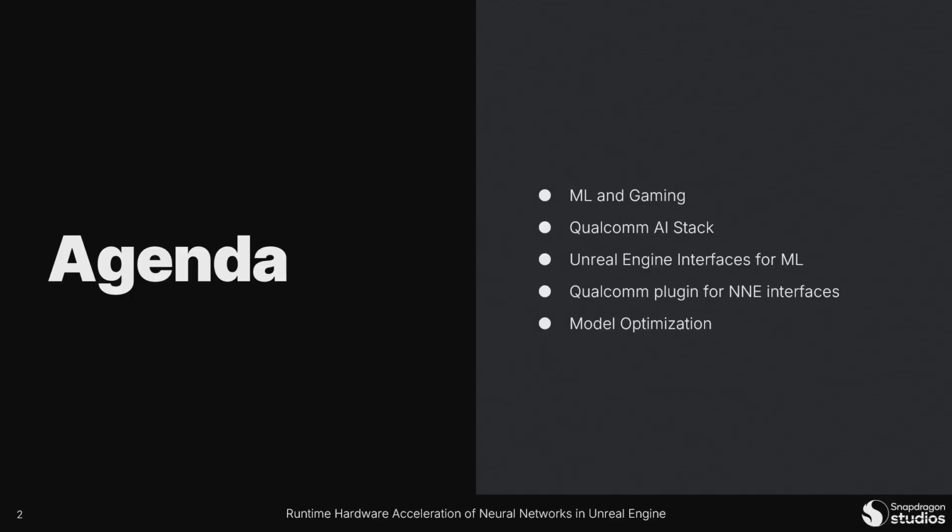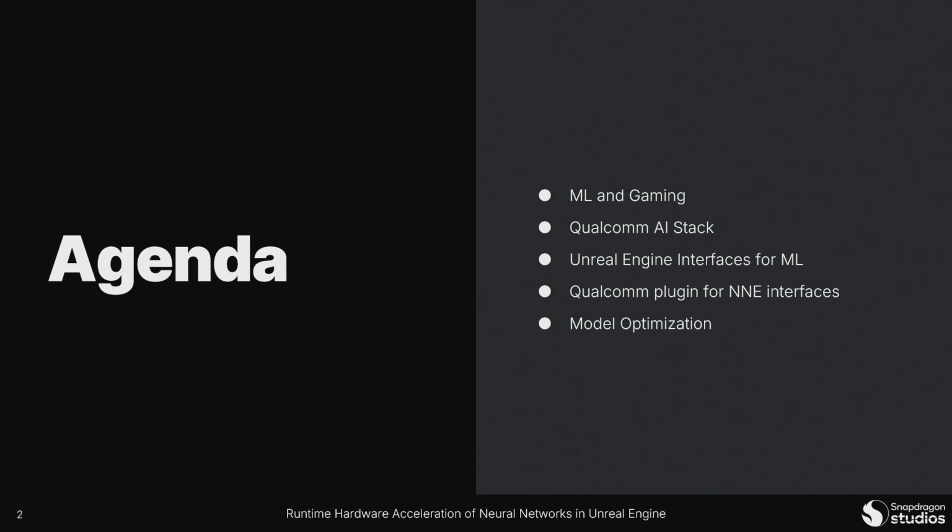So to start with this presentation, I will show you the agenda. First, I'm going to make a quick introduction about Snapdragon Studios so you can understand what we do exactly.